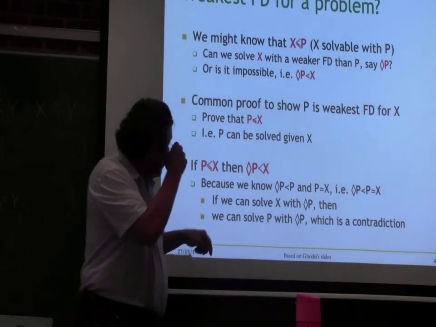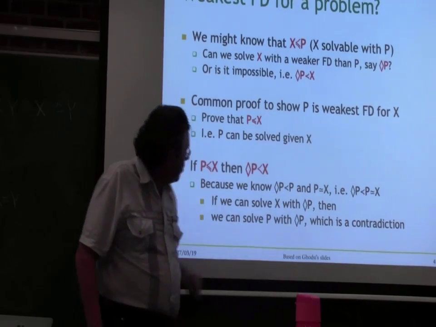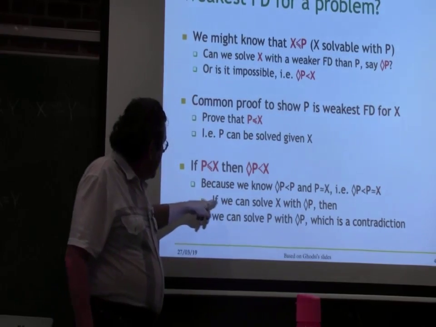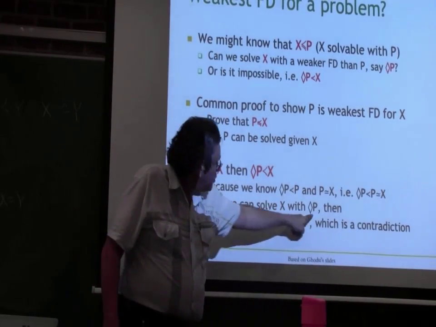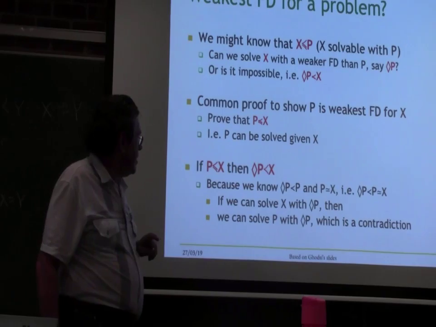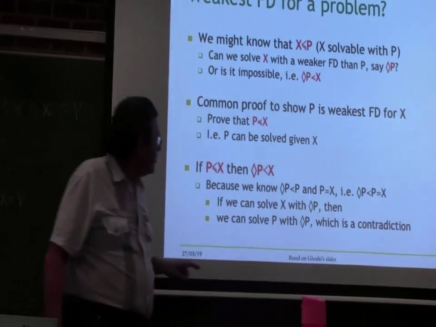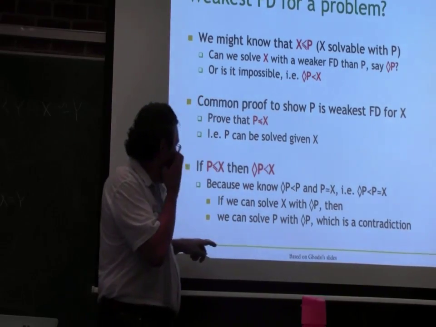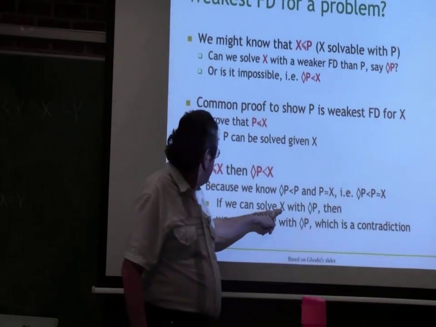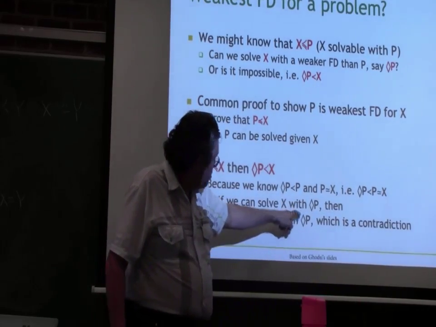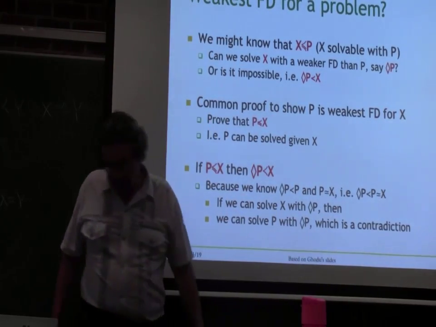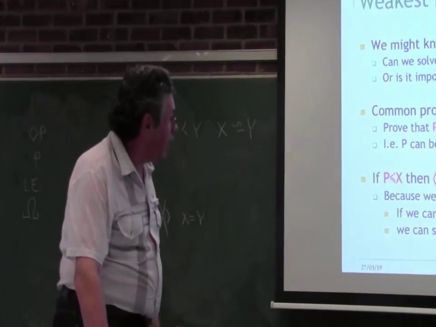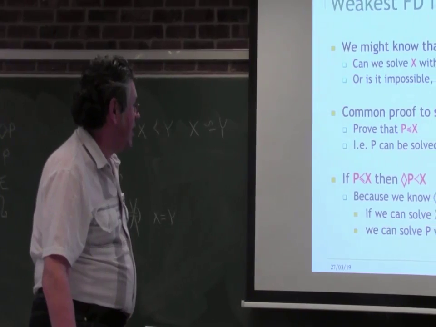So basically, eventually P is strictly weaker than P. Let's say we want to see whether we can solve X with a weaker failure detector than P. If this were possible, then X would be equivalent to eventually P, and you could solve P with eventually P. So that's a contradiction. You can reason about these kinds of things.